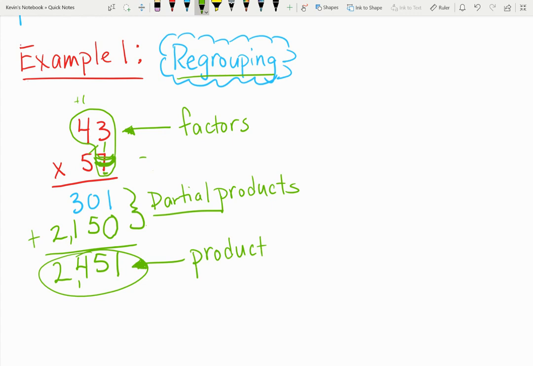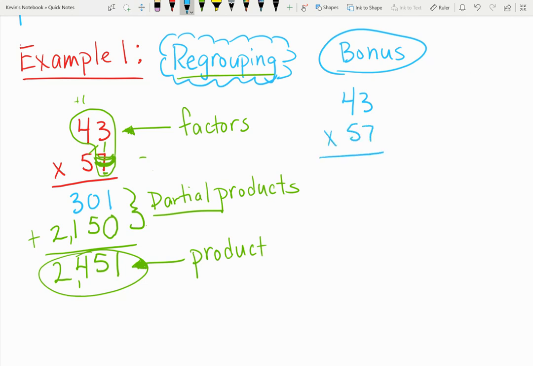I think I might add a bonus over here, and let's make this one blue. This is just a bonus, and if you want to check your work, you can. You don't have to for this, but it's something I show my class. So I have 43 times 57, and I'm going to write everything exactly as I have it over here.